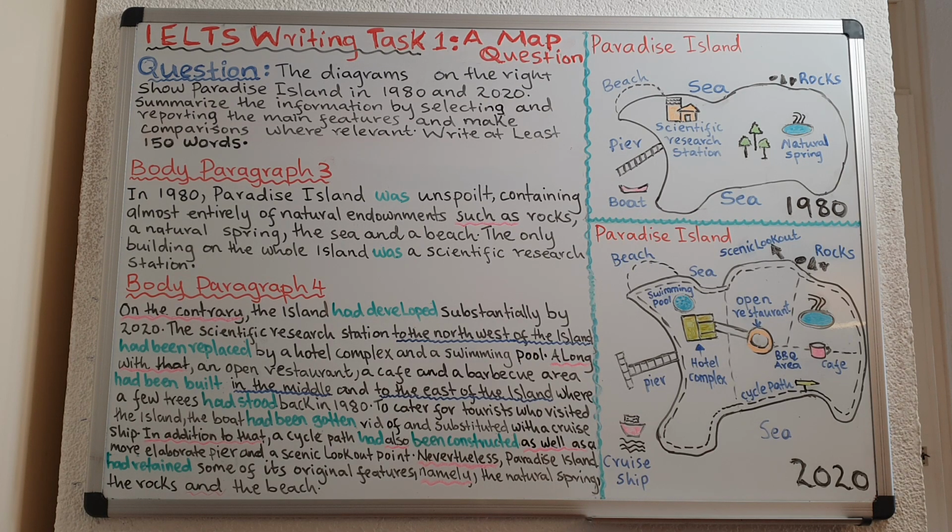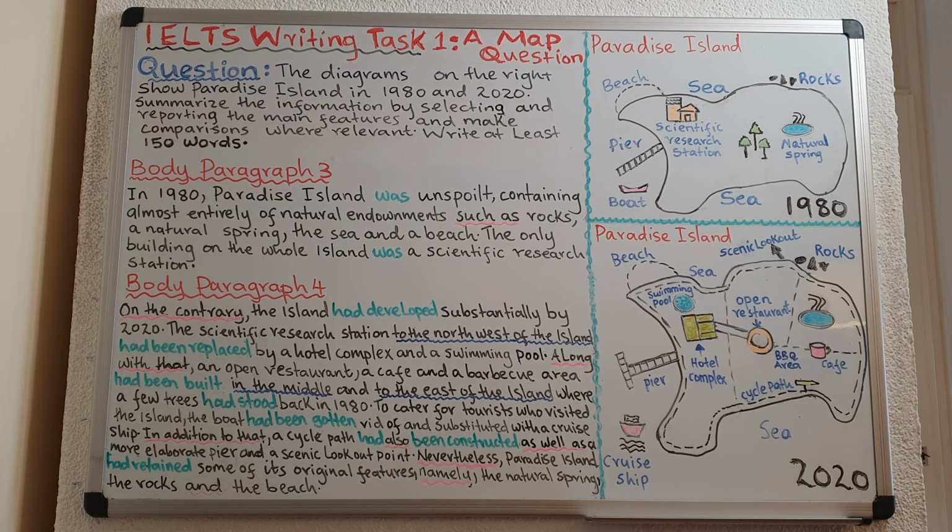The next thing that is very important that I did in this particular essay is that in body paragraph 3, I used the past tense. As you can see, all the words in green are supposed to help you to identify the tense. In body paragraph 3, I used the past tense. But in body paragraph 4, I used the past perfect tense.